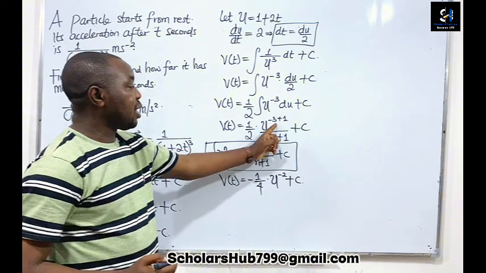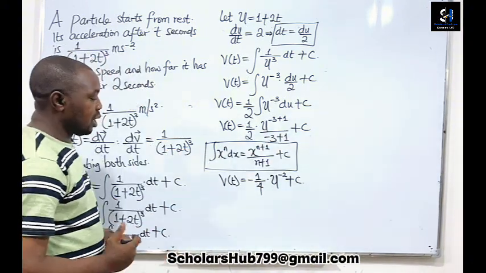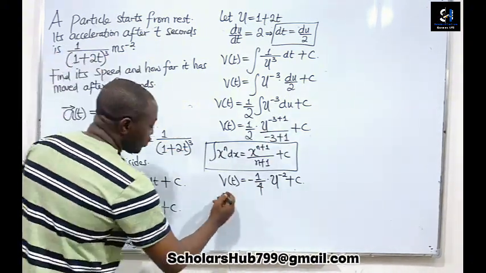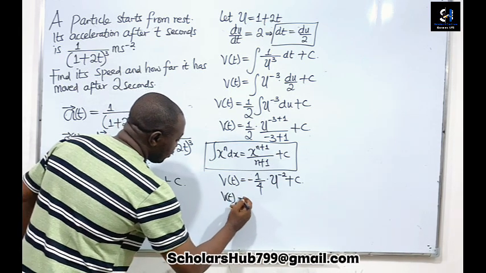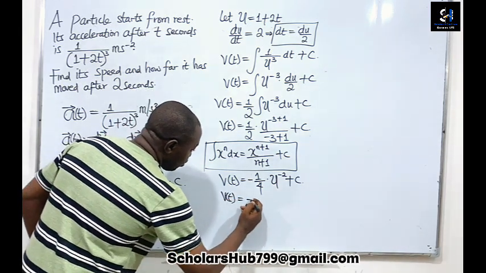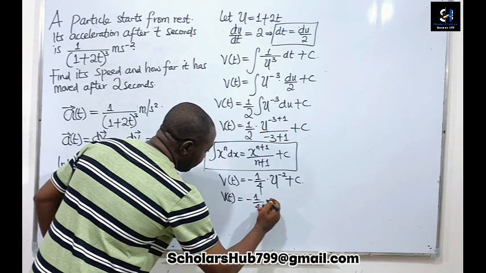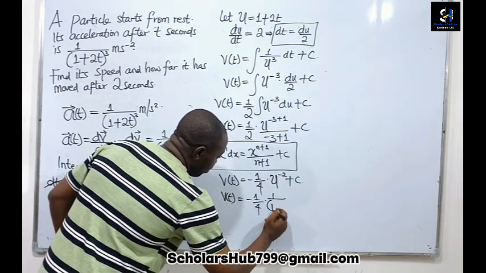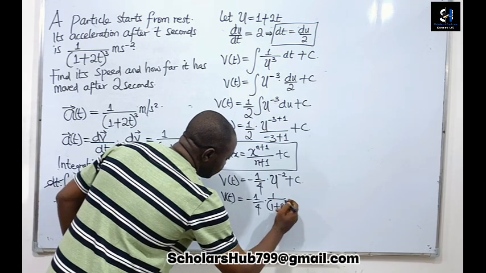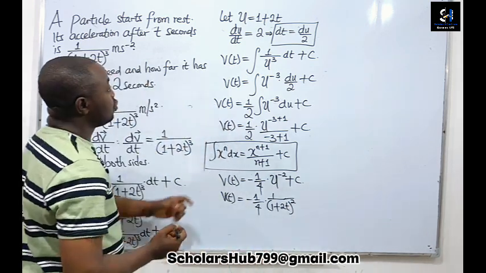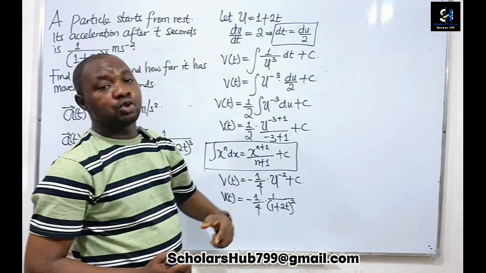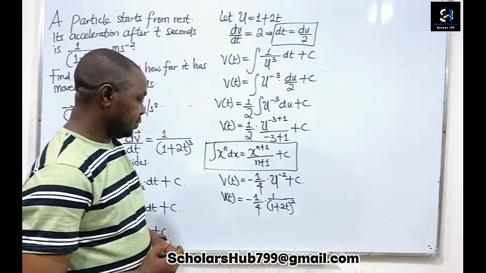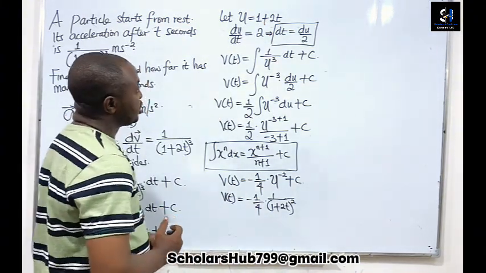That is because minus 3 plus 1 is minus 2. So v as a function of time t will be equal to negative 1 over 4 multiplied by 1 over (1 plus 2t) raised to the power of 2, because u is equal to 1 plus 2t.